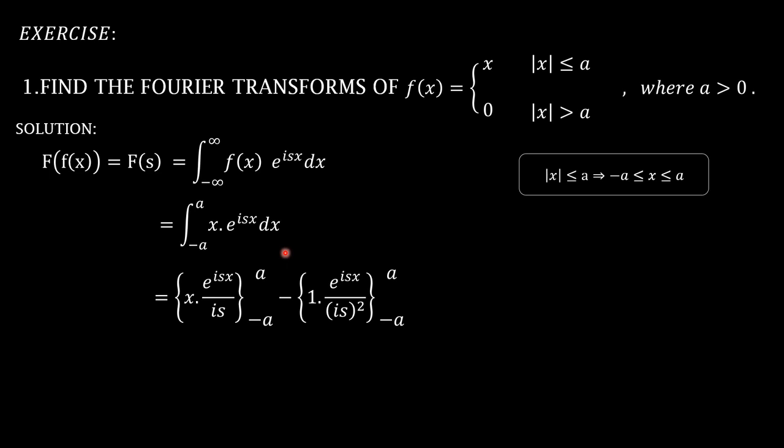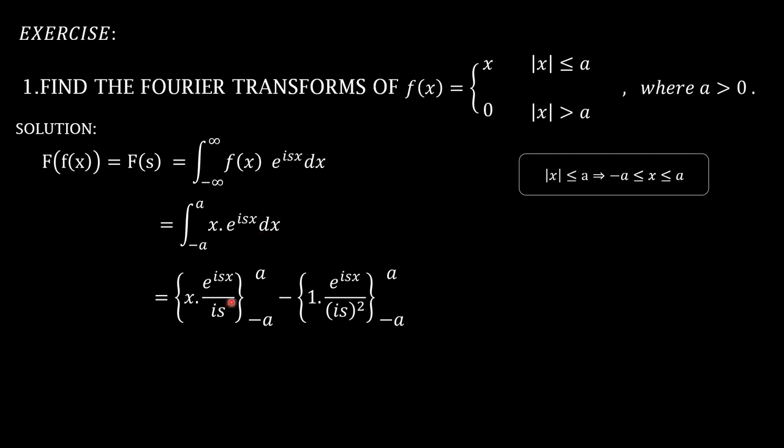Using Bernoulli's rule, by choosing the first function as x and the second function as e to the power isx dx, the above integral reduces to the form: first function, that is x, into integration of second function. What is the integration of e to the power isx with respect to x?